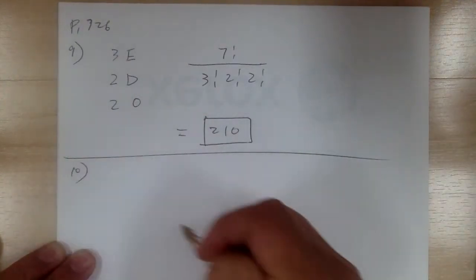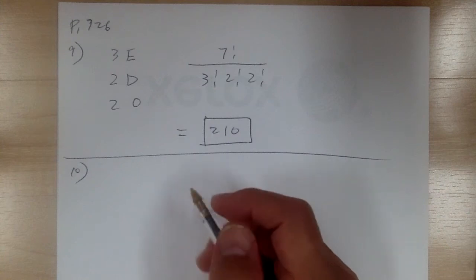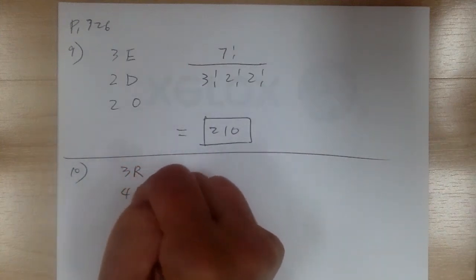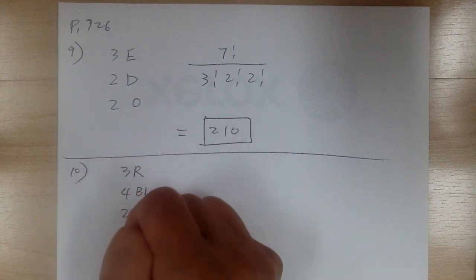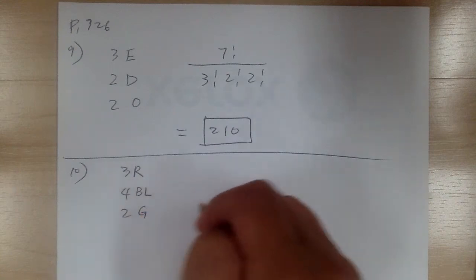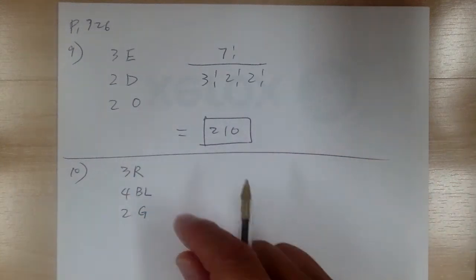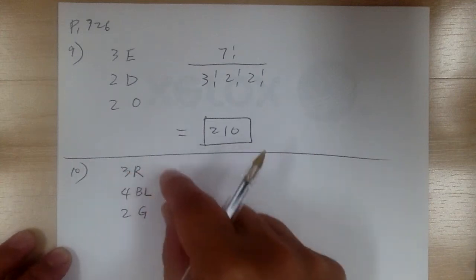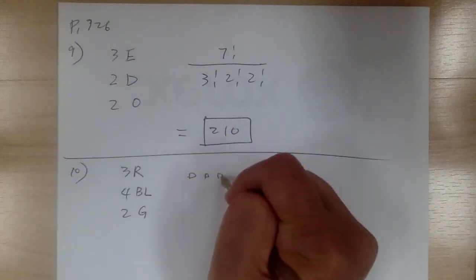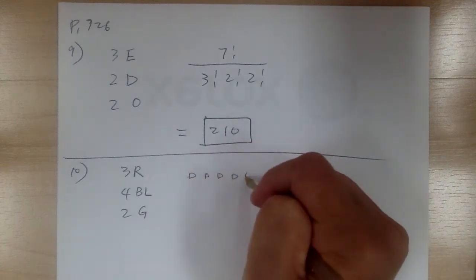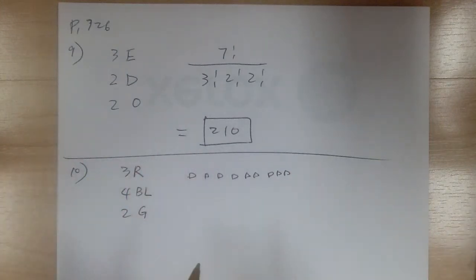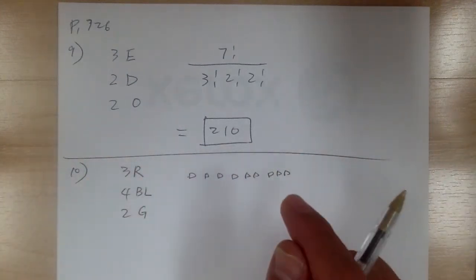Okay, number 10. In how many ways can 3 red, 4 blue, and 2 green pens be distributed among 9 students seated in a row? Okay, so basically, think of it as arranging the 9 pens. So imagine you have a student sitting, right, and so you're distributing 9 of them, right? So basically, you think of it as arranging the 9 pens in a row. Okay, so same thing.